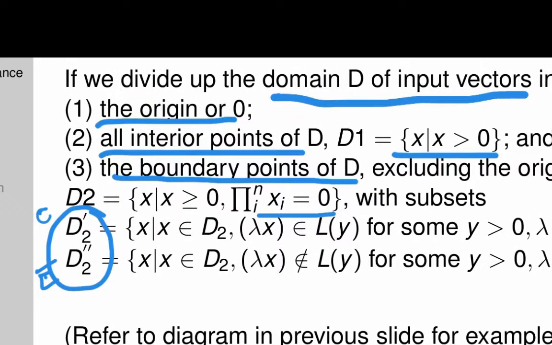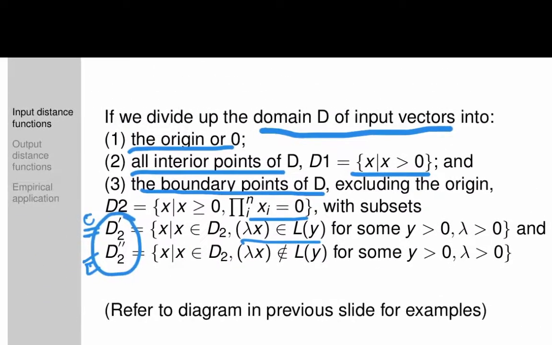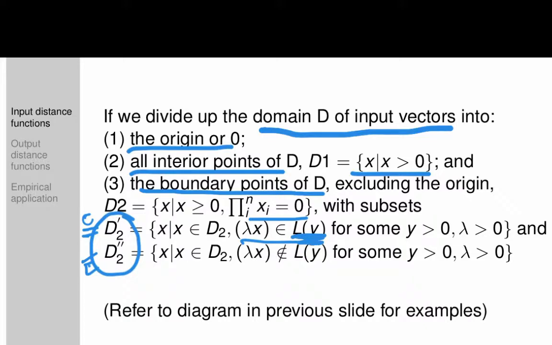So these two subsegments of the boundary points are the set of points like point C in the previous slide, where you can get a scaling factor and they can be scaled up to be members of the input requirement set after scaling. So that means if you project them away from the origin, then they would be big enough to become members of the input requirement set.